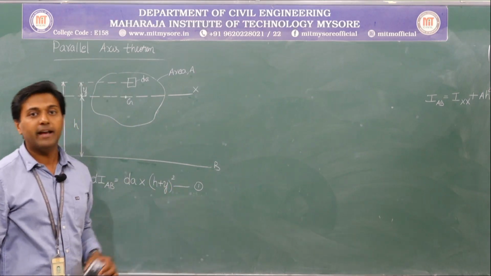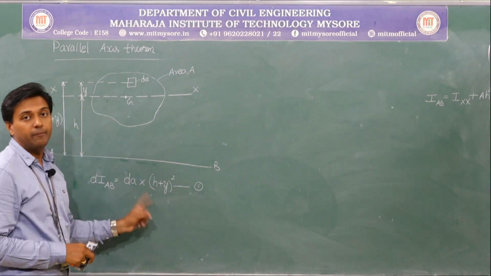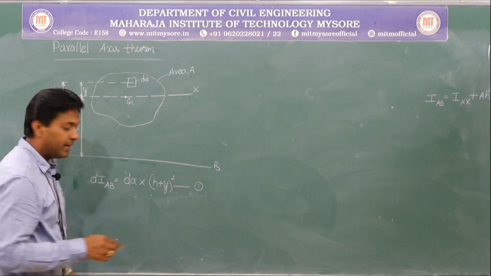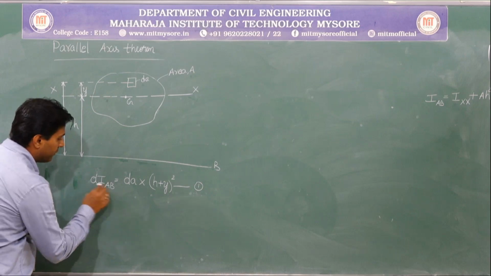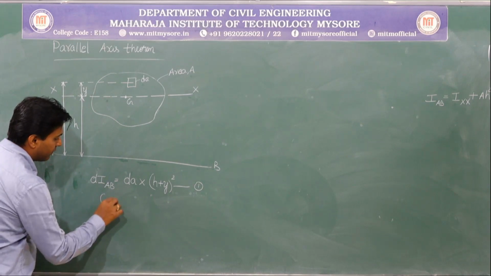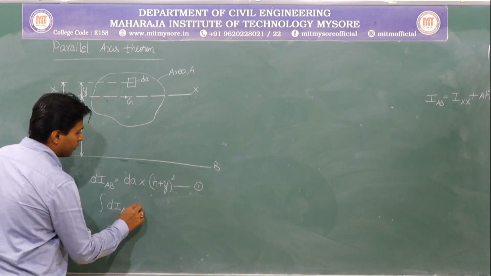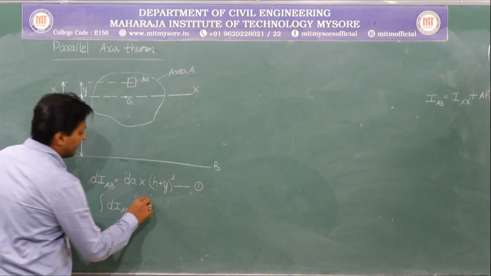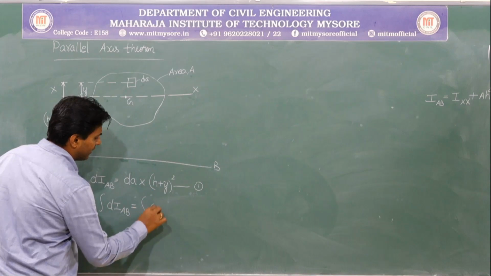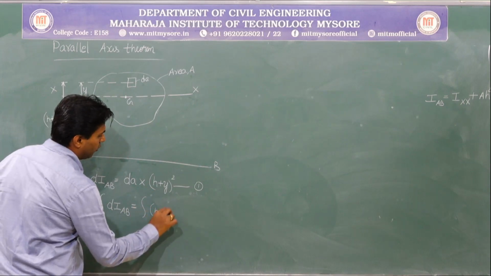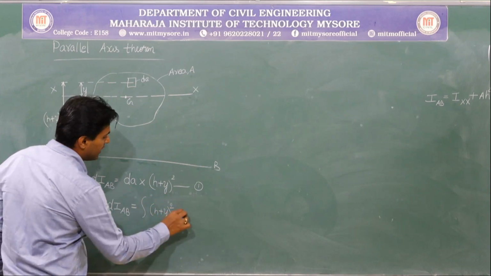It is obtained by integrating equation 1. So integral of dIAB is equal to integral of h plus y whole square into dA.